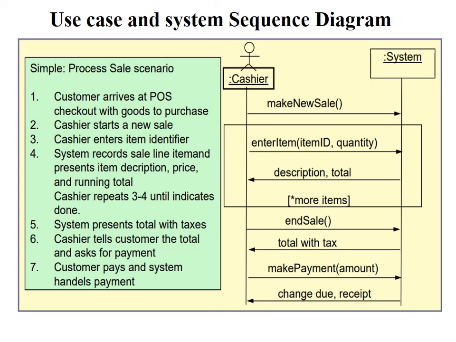The system gives the description, total, and everything. He will continue this process until all items are added for billing. Again, who is interacting with whom is represented in the sequence diagram. Hope you understand what a use case diagram and a sequence diagram are.